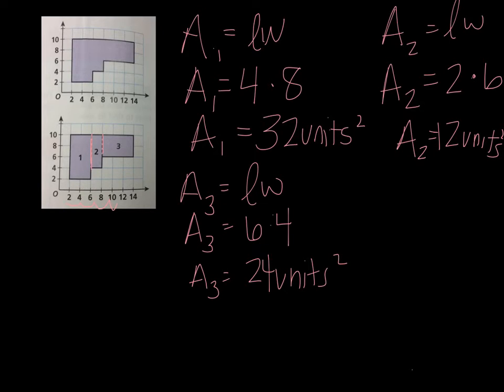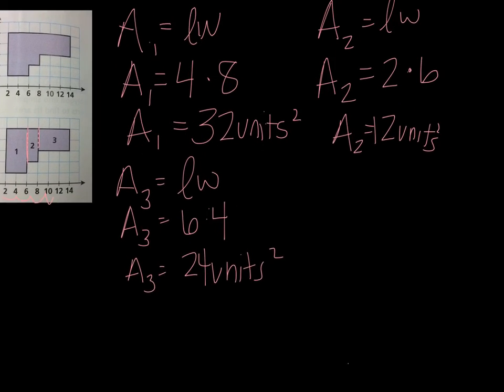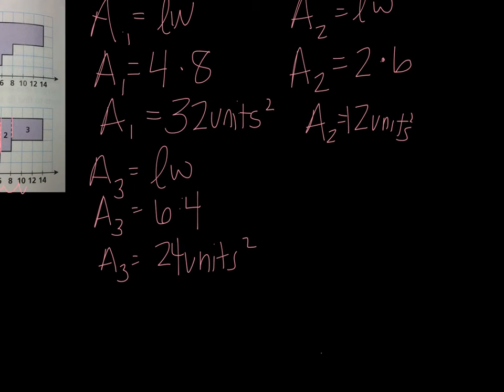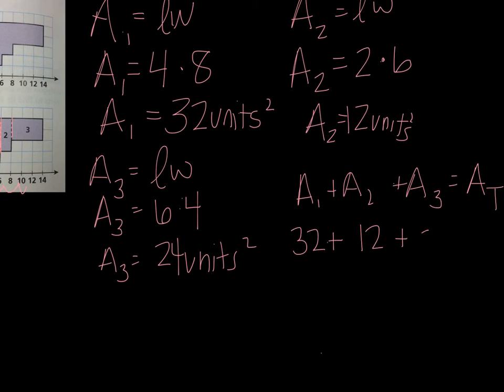squared. Okay, now let's scooch all this over a little bit, give us some more room. So our last and final equation would be area figure 1 plus area figure 2 plus area figure 3 is going to equal the total area. So we would have 32 plus 12 plus 24 is going to be our total area.